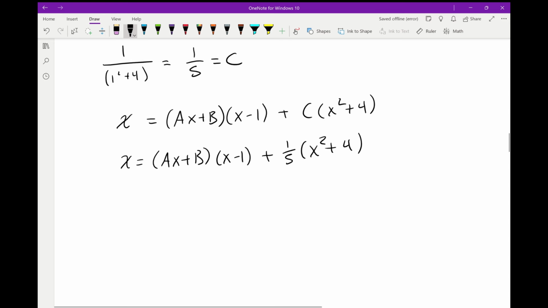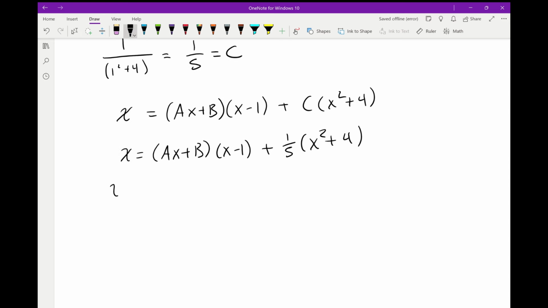And so now we go ahead and expand things out and figure out what our polynomials should be. So x, multiplying things around here, is going to go ahead and give us ax squared minus ax plus bx minus b plus 1/5 x squared plus 4.